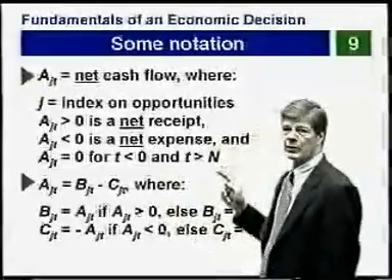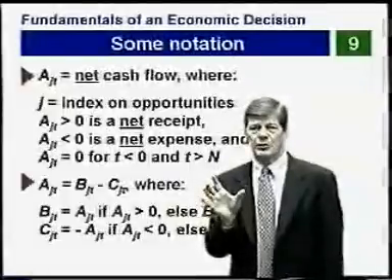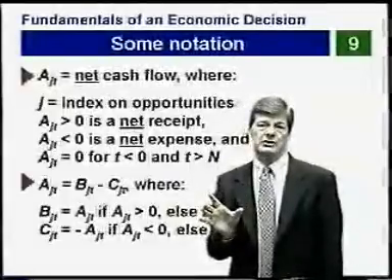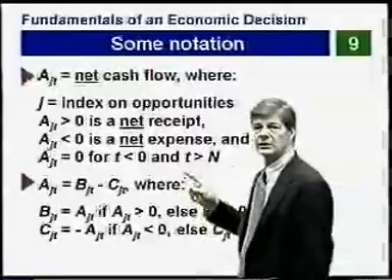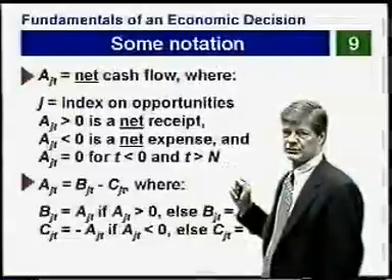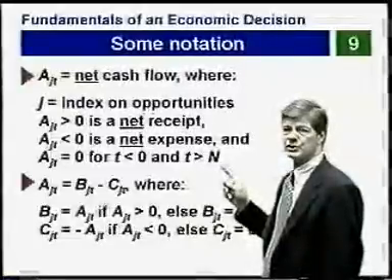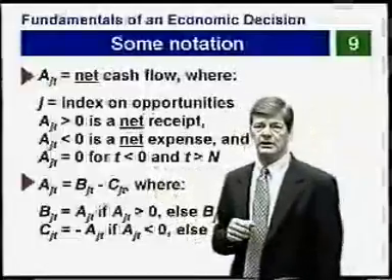Time n will represent the planning horizon. That is the period of time over which we estimate all of the consequences associated with this decision will occur. Specifically, anything after time n has no consequences. Anything of consequence to the decision will occur between 0 and n.